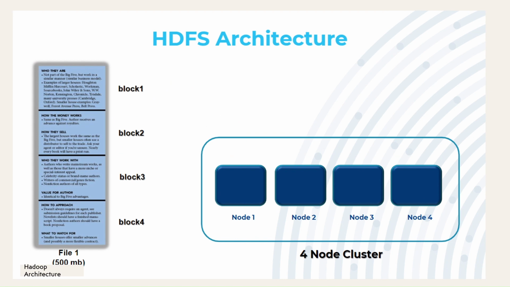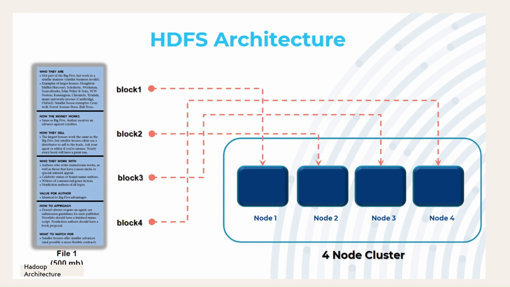Initially, the file will be distributed into different blocks. The default size of a block is 128 MB, in Hadoop 2.0 I'm talking about. So this file is divided into 4 different blocks.